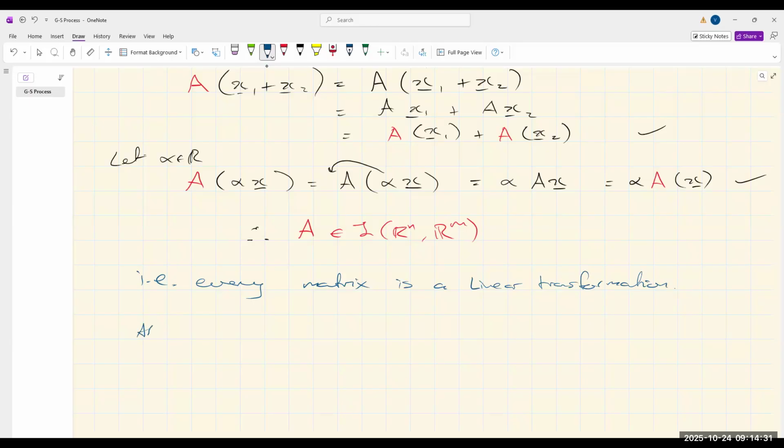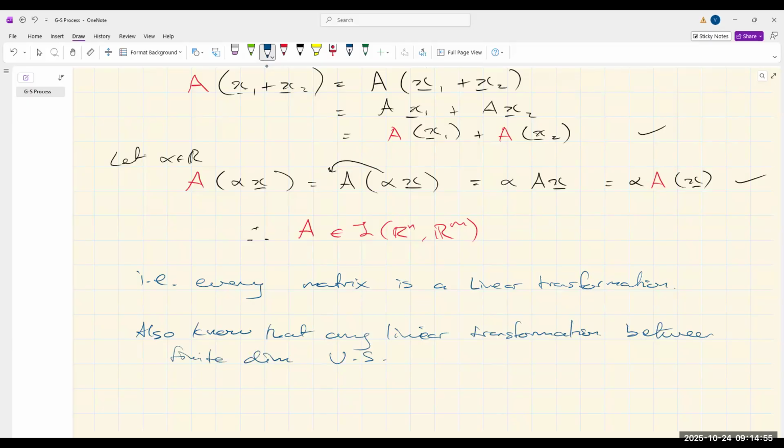And we also know that any linear transformation between, okay, so for us, we are always working with finite dimensional spaces, between finite dimensional vector spaces has a matrix representation.